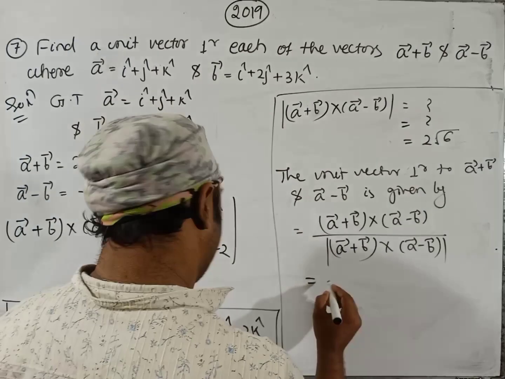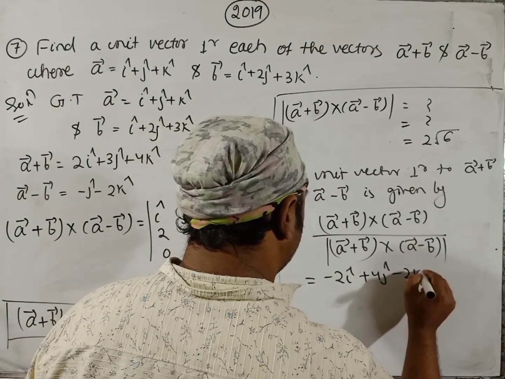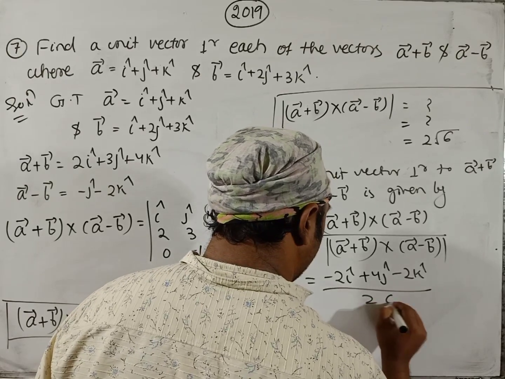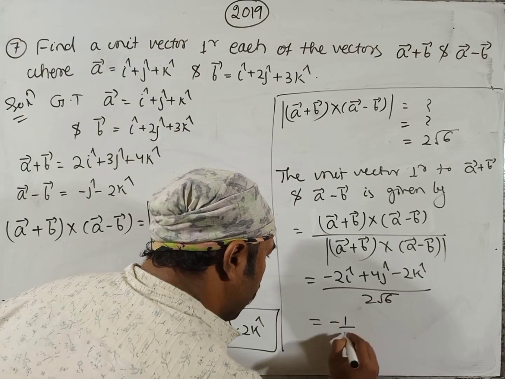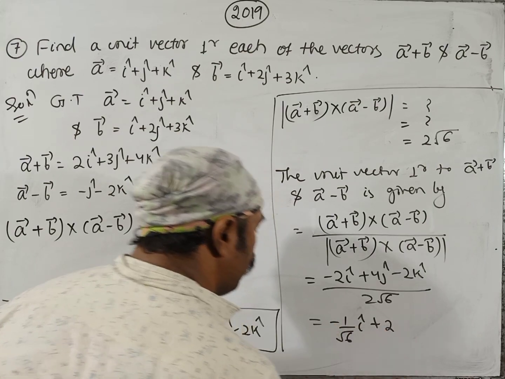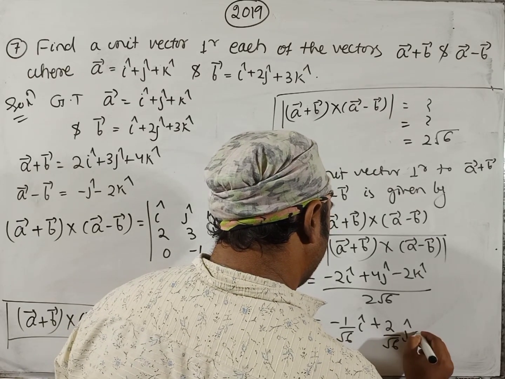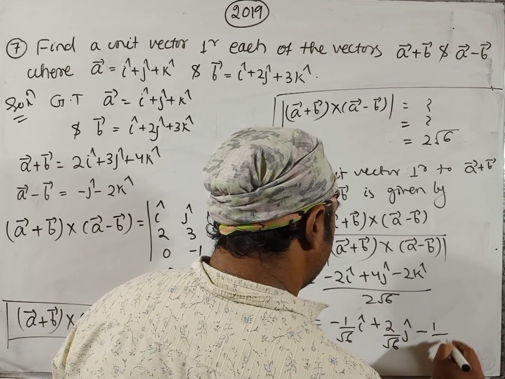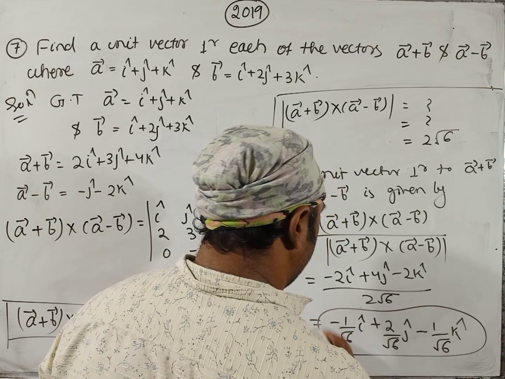So it will be minus 2i cap plus 4j cap minus 2k cap whole divided by 2 root 6. Hence the result will be minus 1 by root 6 i cap plus 2 by root 6 j cap minus 1 by root 6 k cap, and here it is the answer.